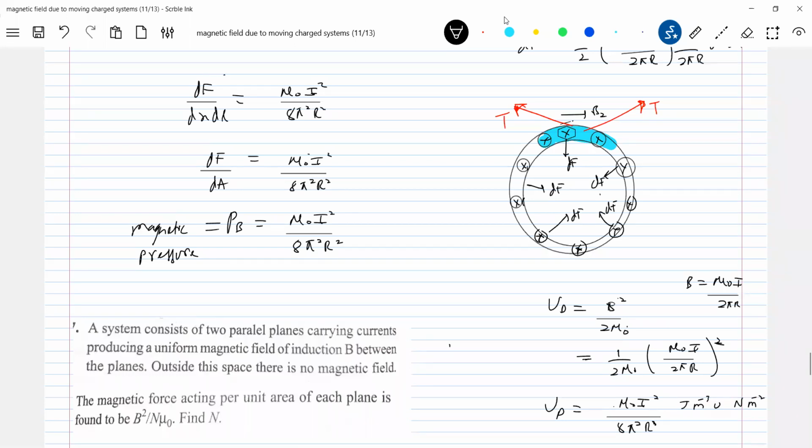So therefore, this magnetic energy density, I can also call it magnetic pressure. Both are the same. So we can calculate how much magnetic pressure, but you can't answer whether it will contract or expand.